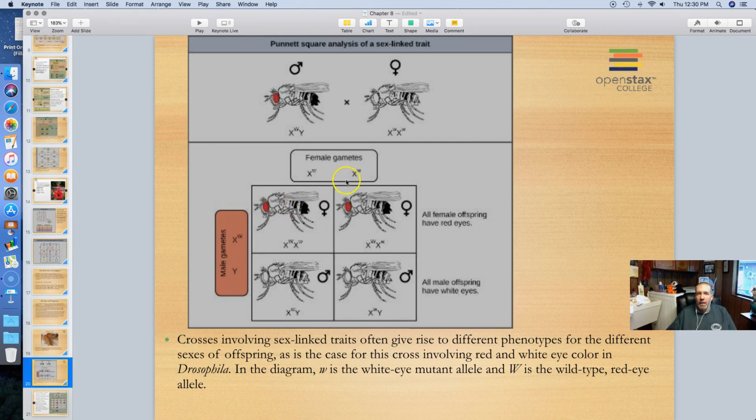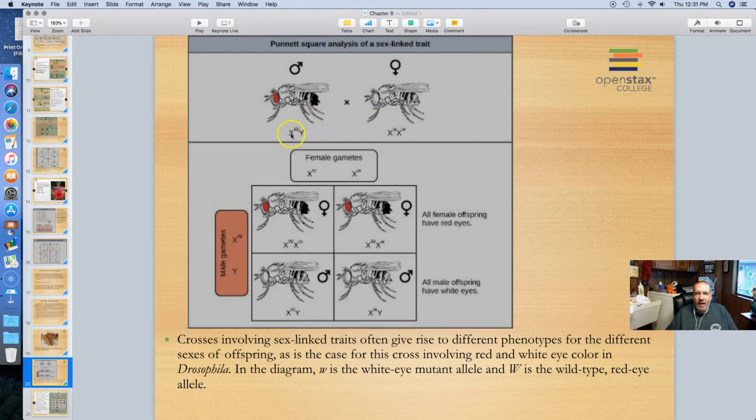So this even muddies up our Punnett square a little bit, because even though we're only looking at one characteristic, eye color, we now have to make sure we also are taking into account sex, male versus female. So we breed a male fruit fly to a female fruit fly, a male that happens to have a red eye to a female that happens to have a white eye.